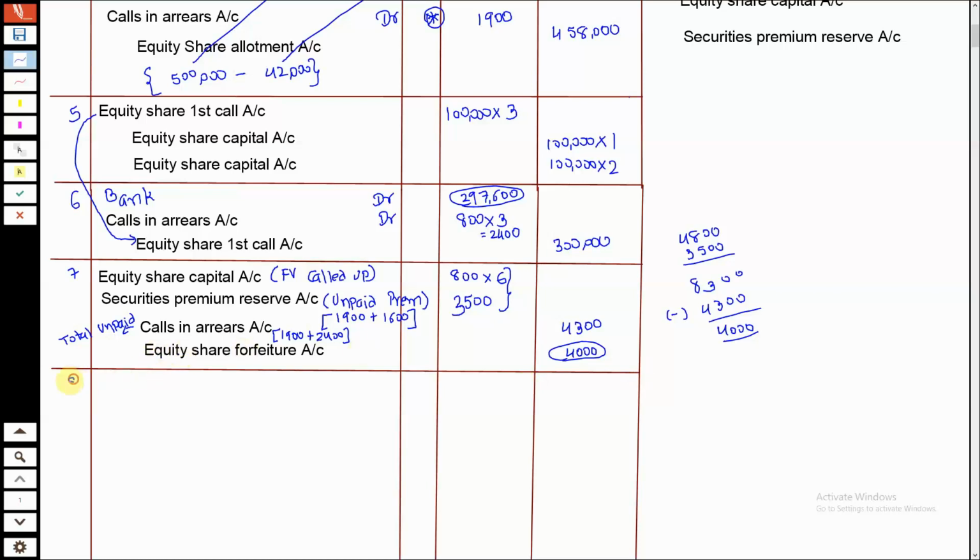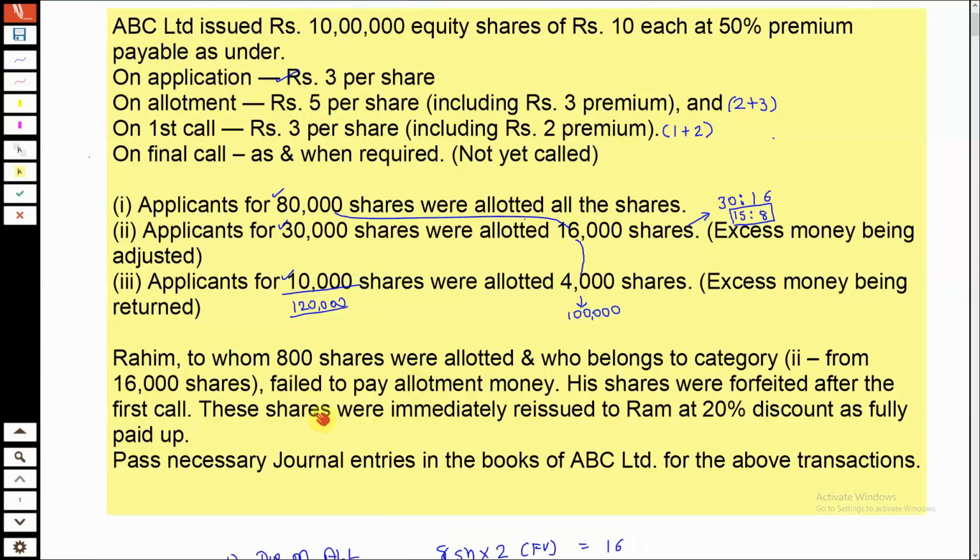So now journal entry number 8. It was given these shares were immediately reissued to RAM at 20% discount. Let me do one thing. Why to reissue all the shares? Okay, तो मैं थोड़ा सा इसमें ट्विस्ट करता हूँ कि I am changing the question.